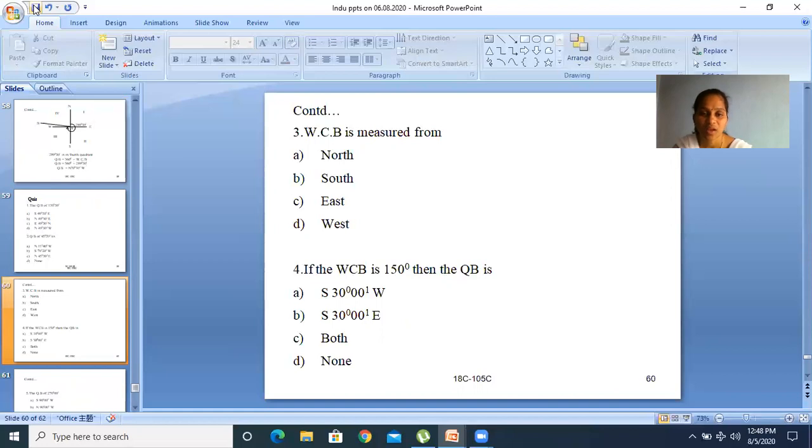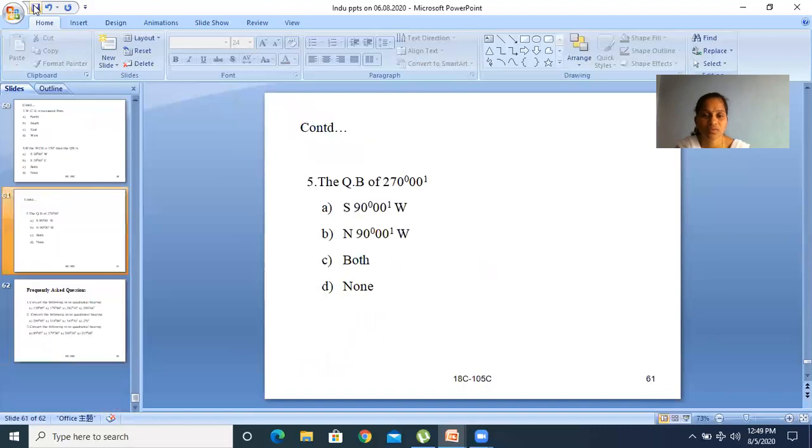If the WCB is 150, then the QB is: 150 is in the second quadrant, and the rule is 180 minus WCB. 180 minus 150 is 30, and the quadrants are south, east. So that is southeast, B. So these are the quiz.